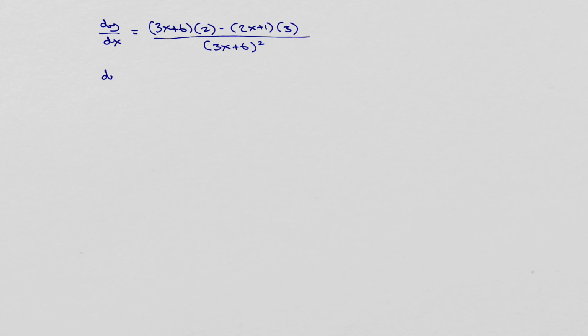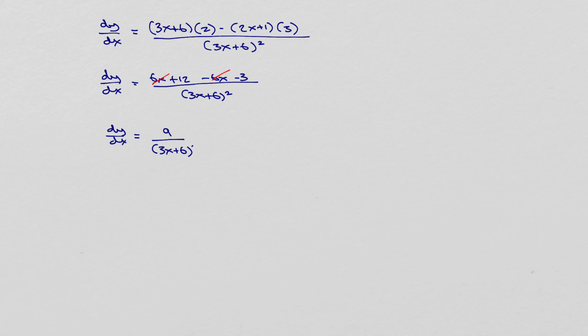So if I multiply out the top line there, we have 6x plus 12, and then it's minus 2x times 3, so that's minus 6x, and minus 1 times 3, which is minus 3, and that's all over 3x plus 6 squared. So on the top, we're left with 6x minus 6x, which is 0, and 12 minus 3, which is 9, over 3x plus 6 squared.